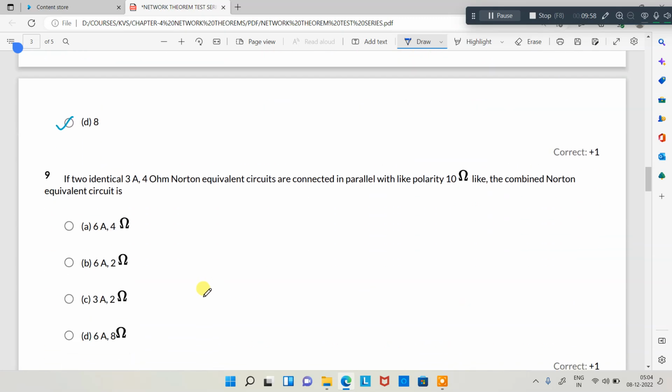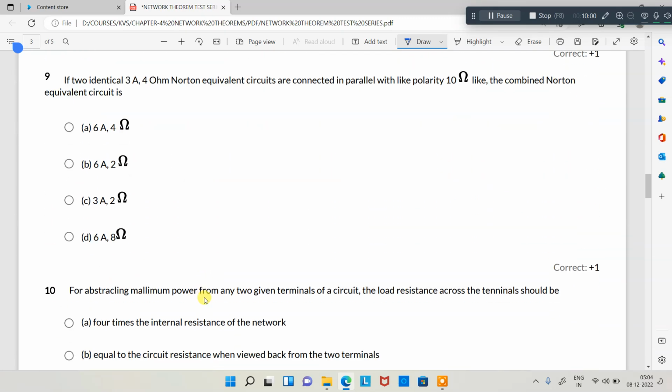Coming to the next question. Two identical 3 ampere, 4 ohm Norton's equivalent circuits are connected in parallel. So two identical, that means here 3 amperes Norton's equivalent in parallel with 4 ohms. Two identical circuits are connected in parallel, right?